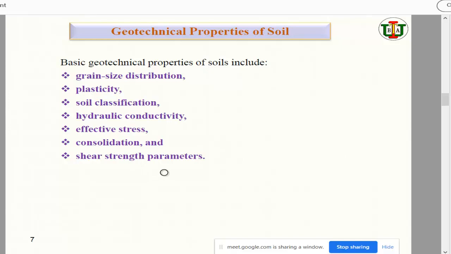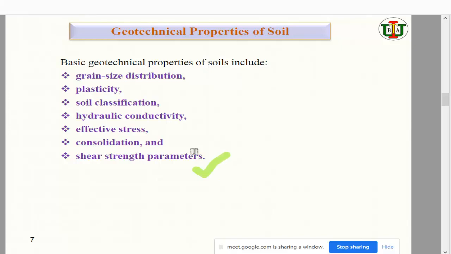Anyway, so we have discussed so many tests. You had some idea about the tests. From the tests you did last semester, what was the main purpose of these tests? To know about the soil properties. Exactly, because you want to get more idea of soil properties and soil behavior.